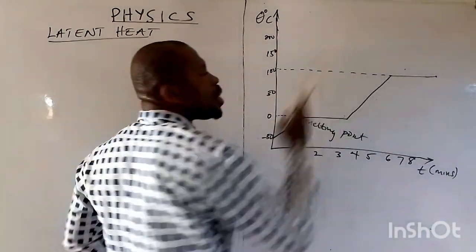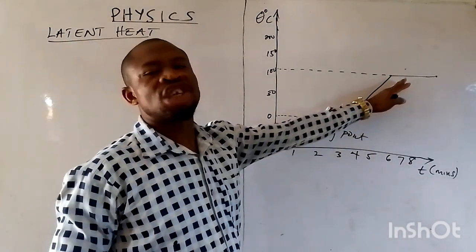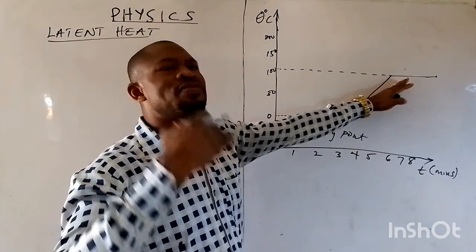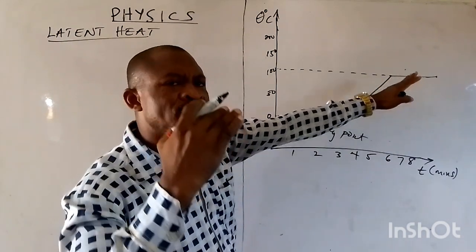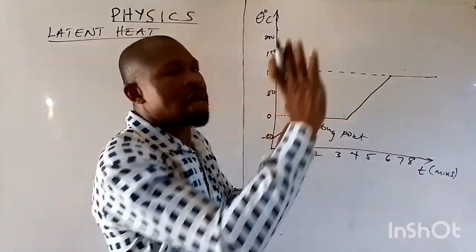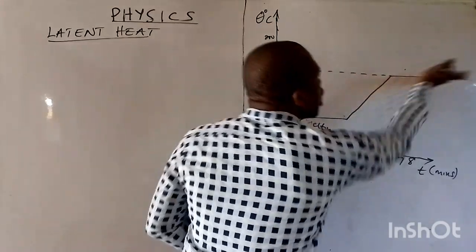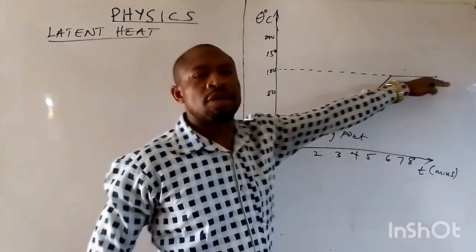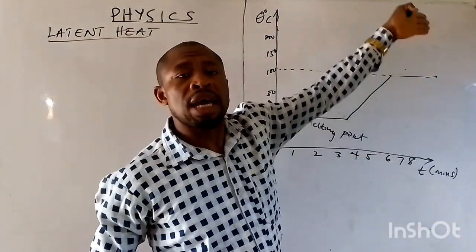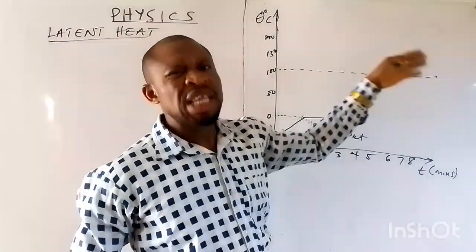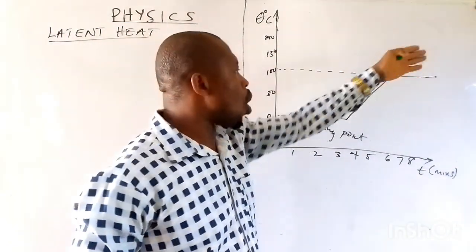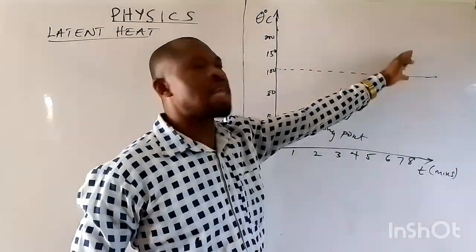Now, there will be a rapid increase in temperature until it gets to 94, 95, 96, and it starts levelling off. But the moment it gets to 100 degrees Celsius, it maintains a constant temperature again, because at this point it moves to its vapor state.